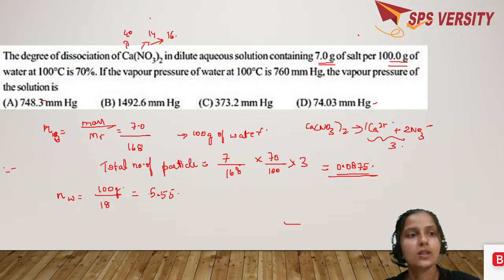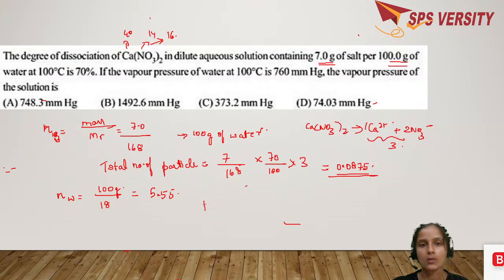The vapor pressure is given. You have to find out the vapor pressure of the solution. So how do you find out this? P naught minus P divided by P naught is equal to W2M1 divided by W1M2, or you can always say this is directly proportional to the mole fraction of the solute divided by X1.